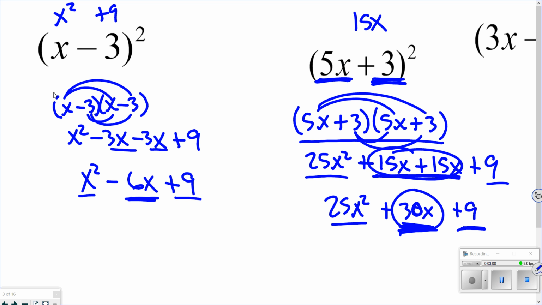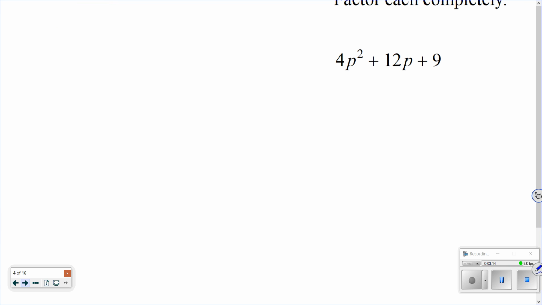Let's do one more with the shortcut, and then what we're going to focus on mostly here is factoring, so we're going to go the opposite direction. Let's do 2x minus 1 squared. If you want to use a shortcut to multiply this out, you start by squaring the first term. 2x times 2x is 4x squared.